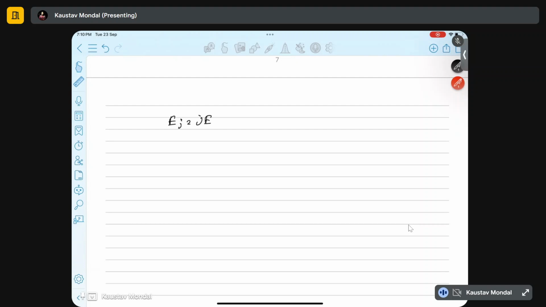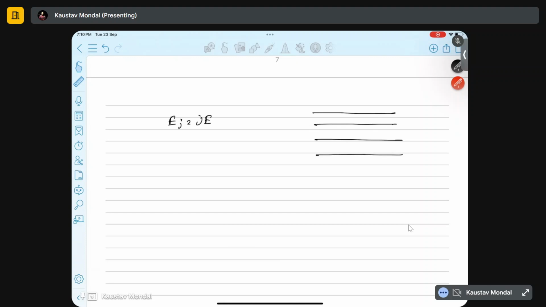So that means the energies look like this: E_j is jε, where j takes the values 0, 1, 2, 3.